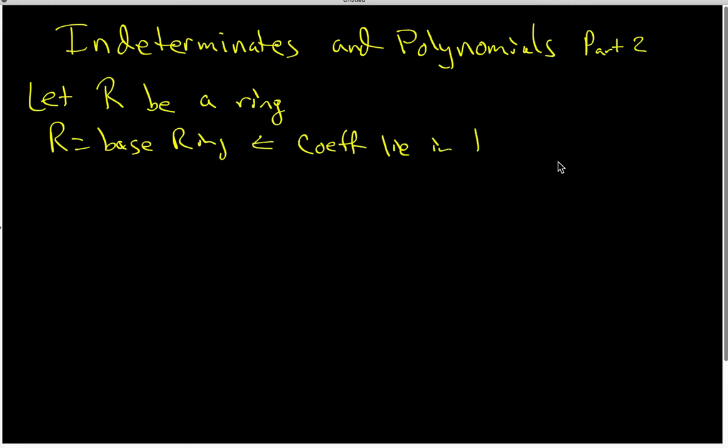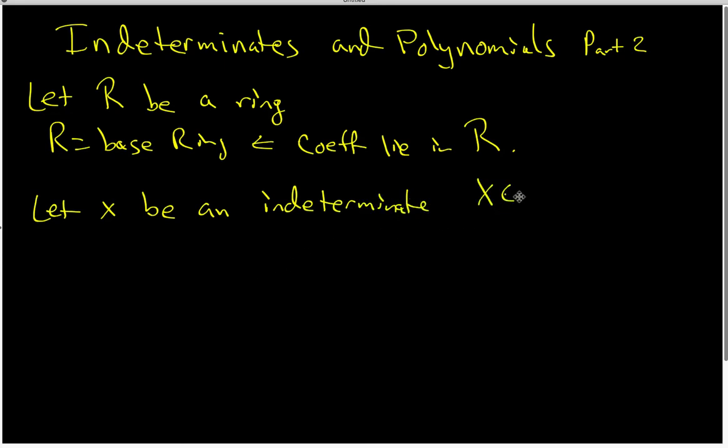So our coefficients are going to lie inside the ring R. We are going to let X be an indeterminate. And in the last video, we learned what that meant. In particular, X is not inside R, and X doesn't break any of the standard ring axioms. And as we use them, I will point them out.